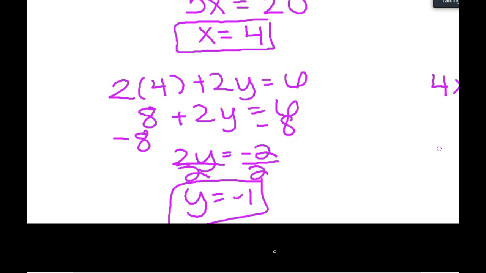You could always take your answers and plug them back into the original to check to see if what you get actually works.